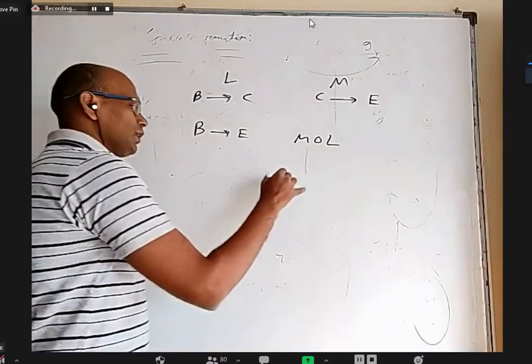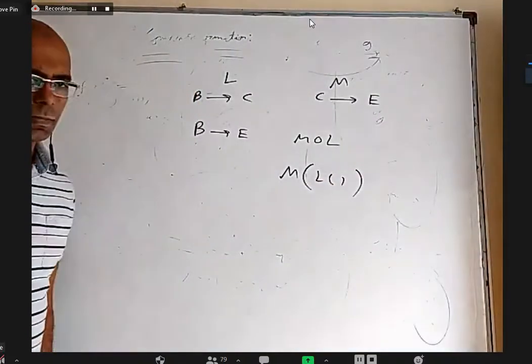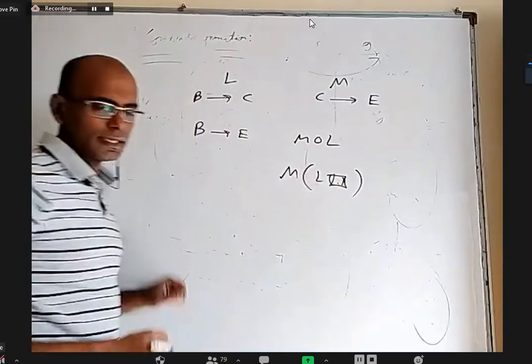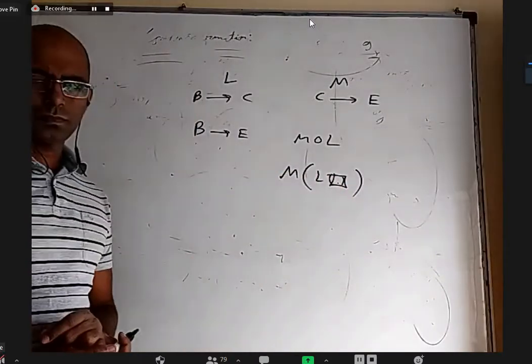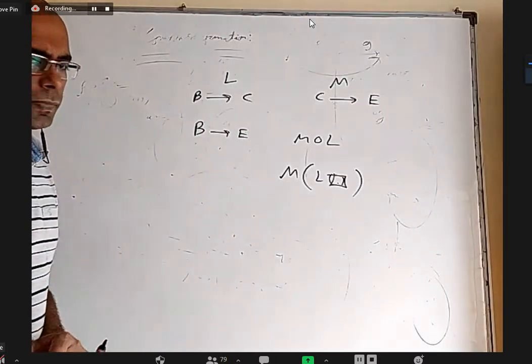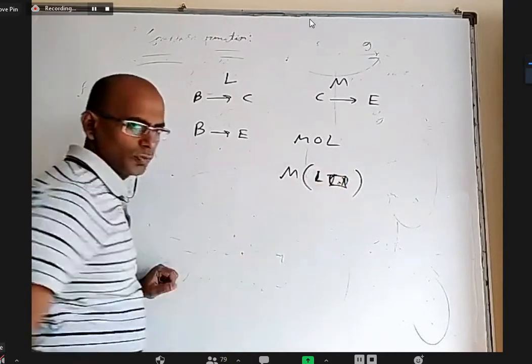Okay. If you take that as M of L of something, first you will substitute one element here, right? That belongs to which set? First set. B to C. If you want to talk about L of something, that number should belong to which set?